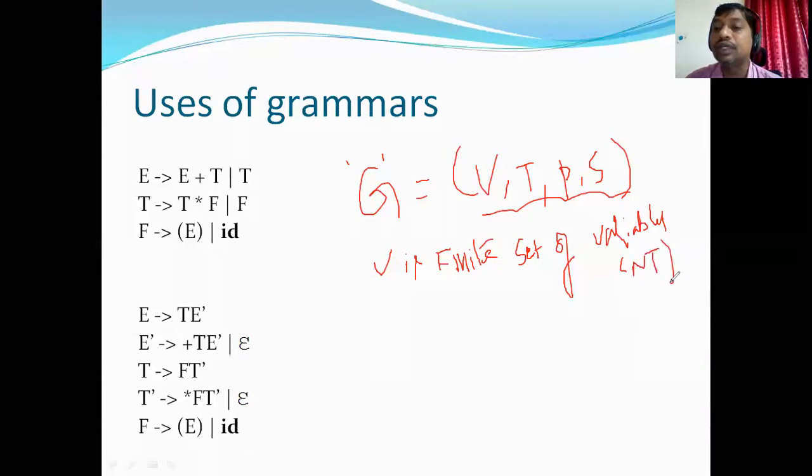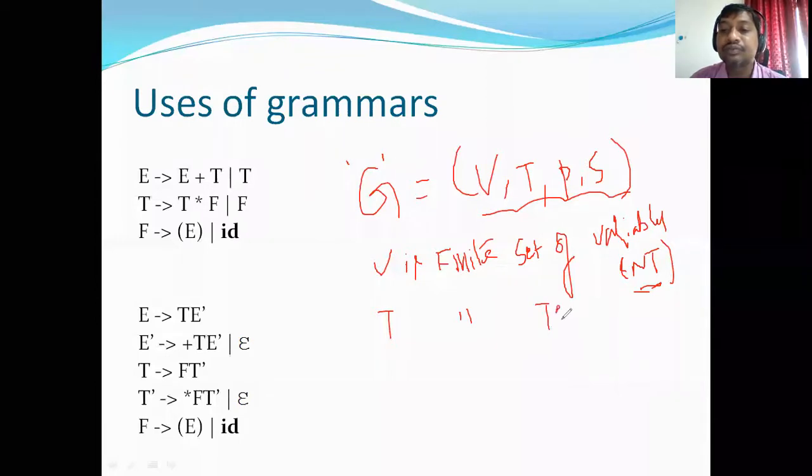The terminology that we are going to use in compiler design is NT. Instead of variables, we use this term non-terminal. And T stands for a finite set of terminals.